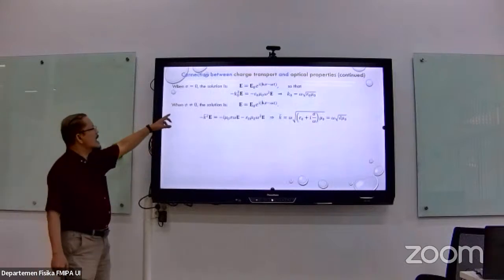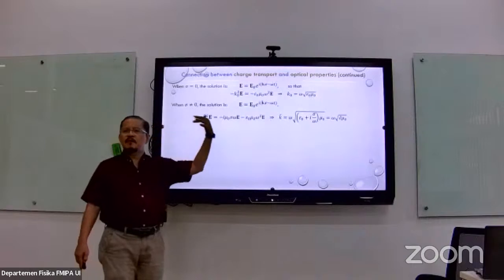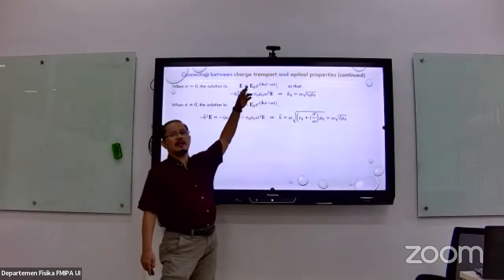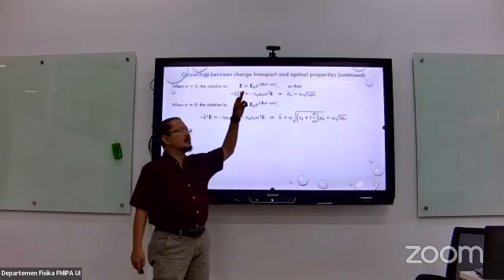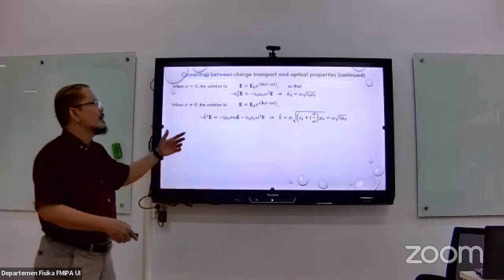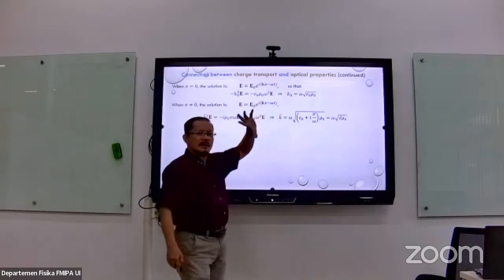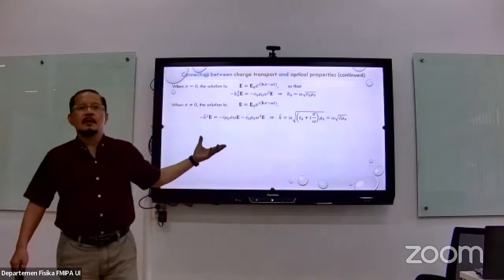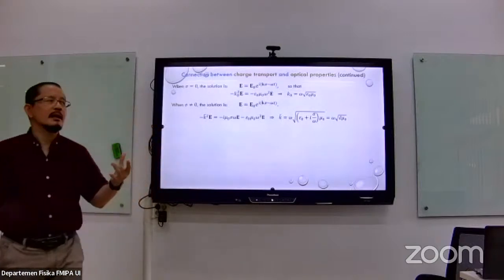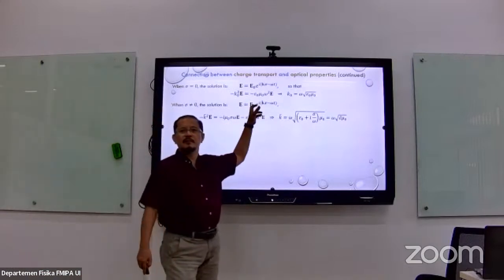Okay. Now, when sigma is not zero, then the solution may have the form that is just the same as the one before, only that K is something different. Okay? And what is that? In order to know what is the new K, we simply write first that the K here is something different.